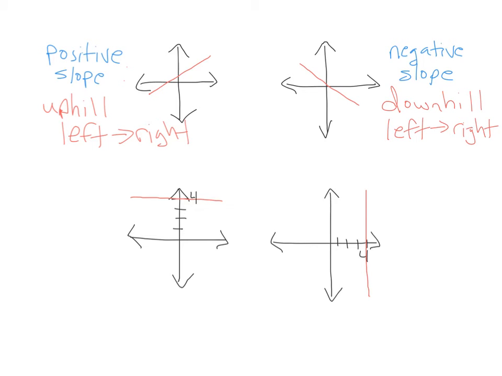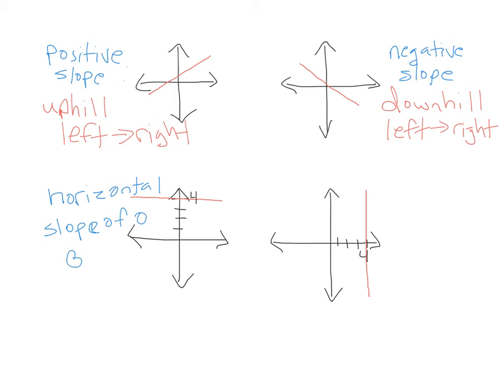The other 2 problems down here are special types of lines that we encounter. And the first type we have here is a horizontal line. That's just to show mathematically, if we think about the rise over run, on that line, it's not going up or down.